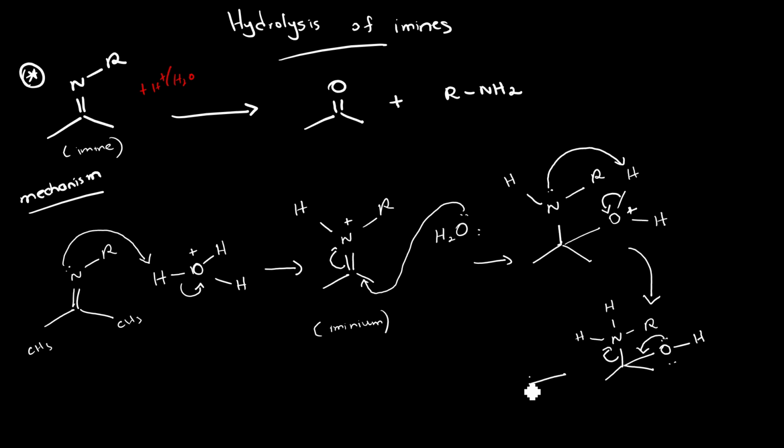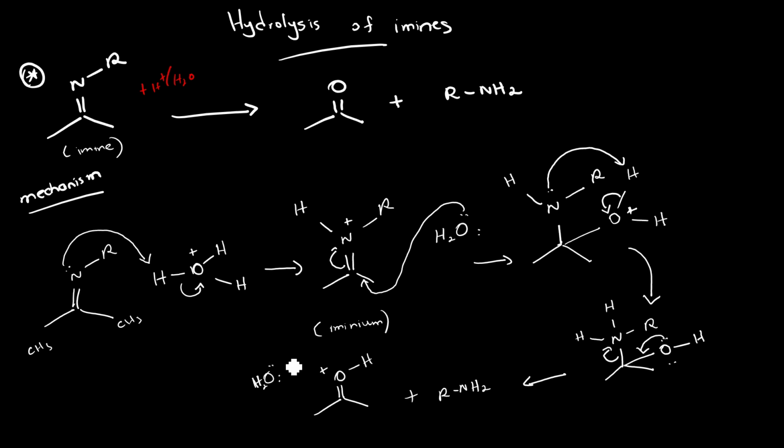Now we have our two molecules, right? Here we have RNH2, which is the amine, and here our carbonyl center with OH. There's a positive charge on oxygen. There are many H2O molecules all around in the environment.